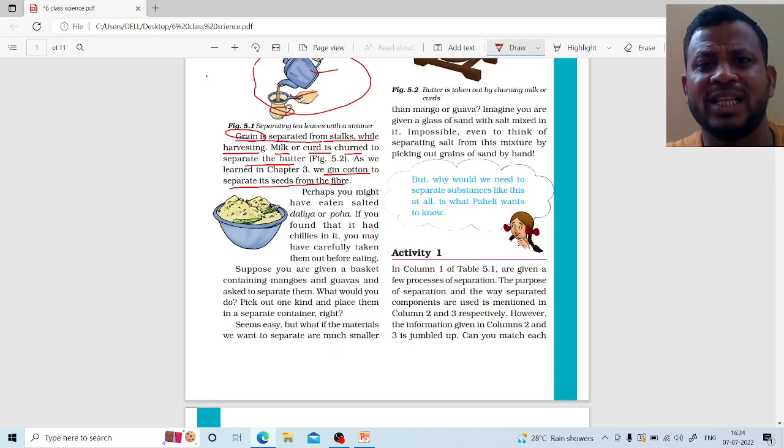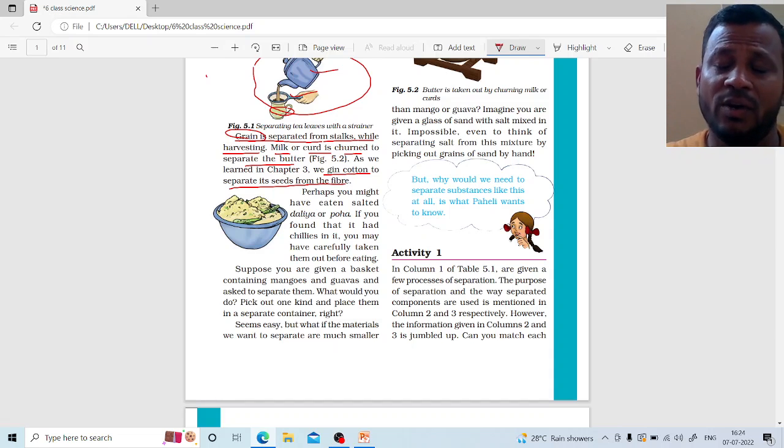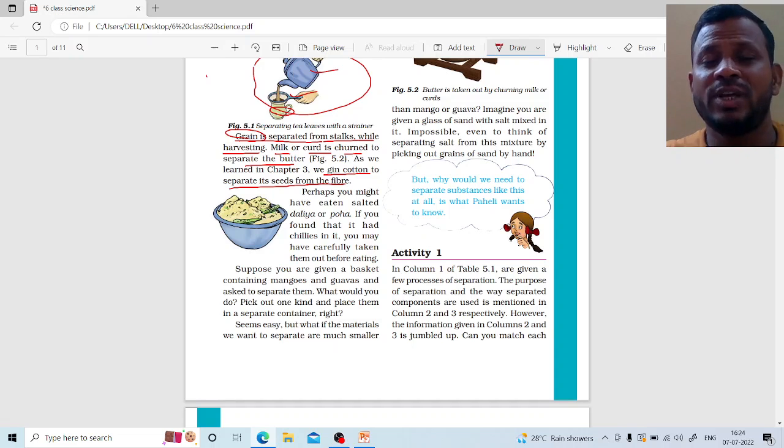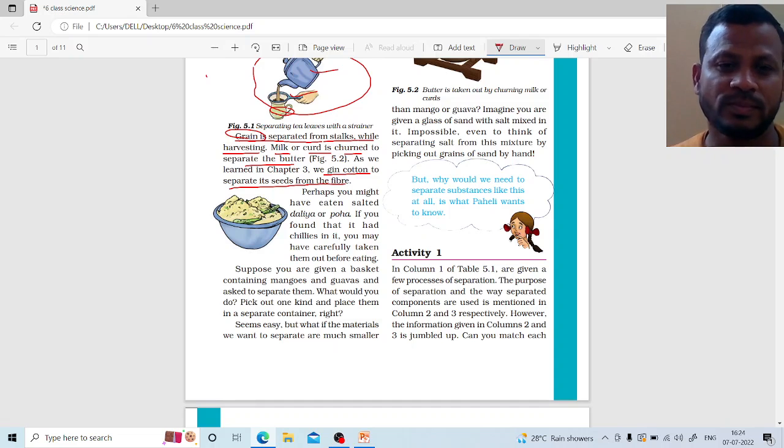We separate the materials as impurities, as useful things, as things to throw away. In every activity we do in our day-to-day life, we are bifurcating the materials which we use, isn't it? We separate a lot of materials.